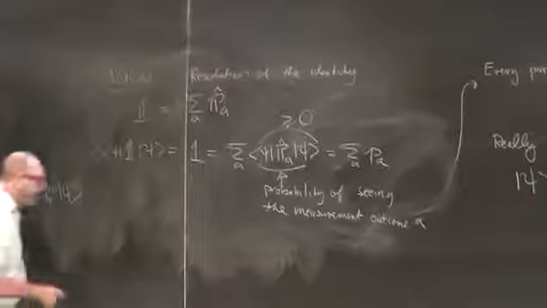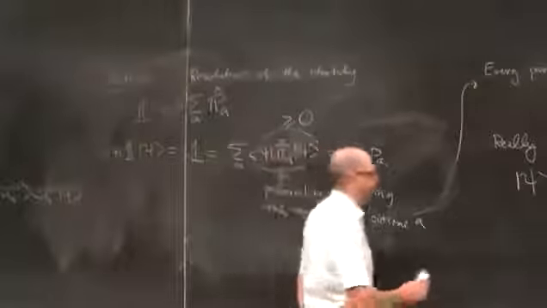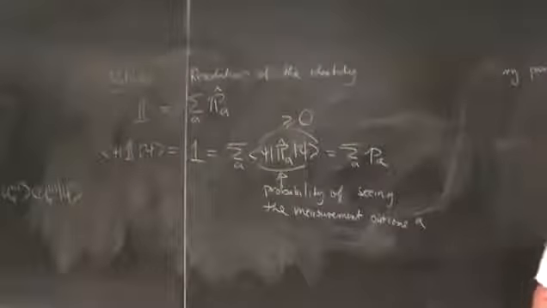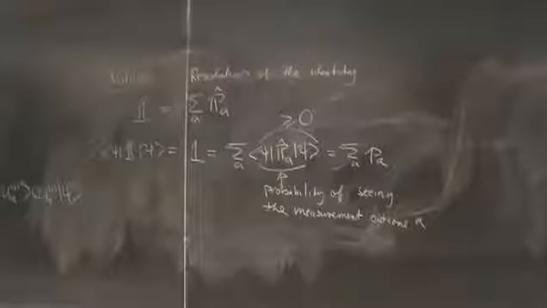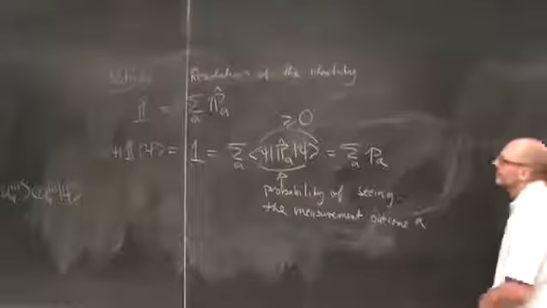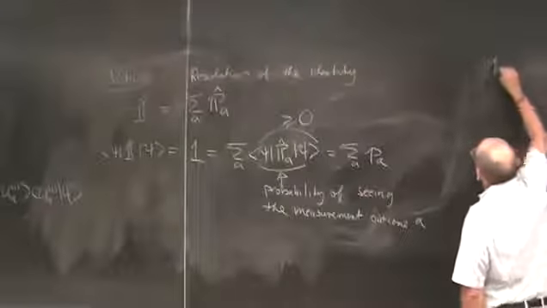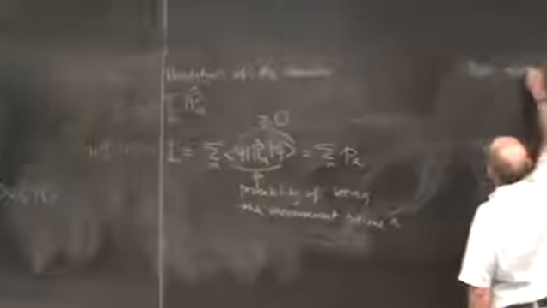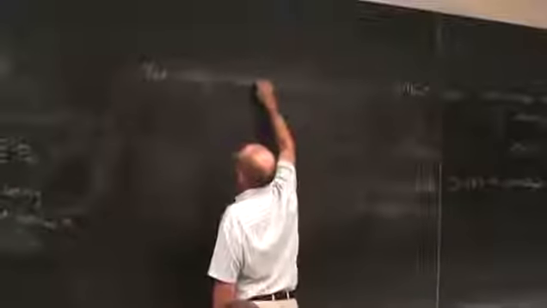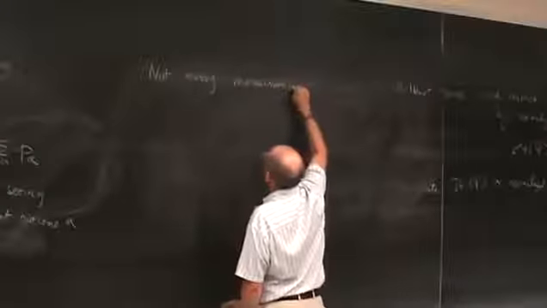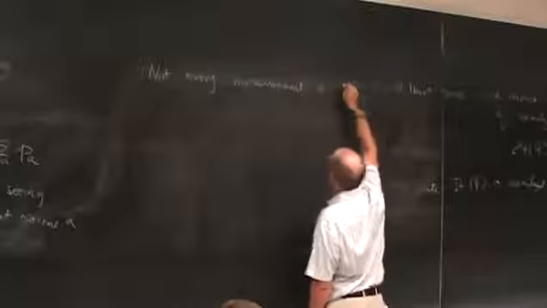Now, what I want to say is the following. I'm just going to mention this because we should, although we won't get into it too deeply. Not every measurement is projective.